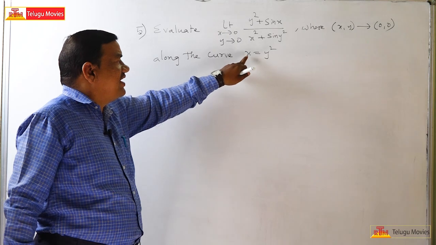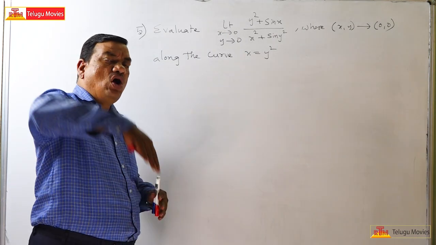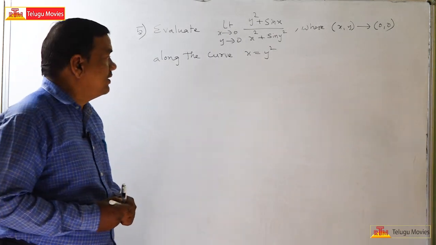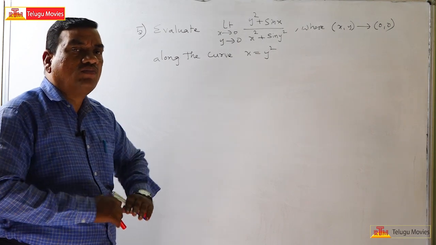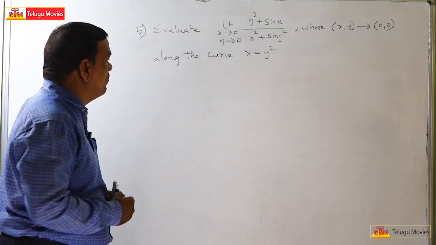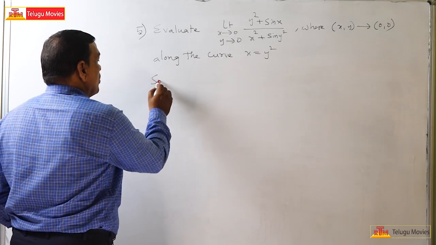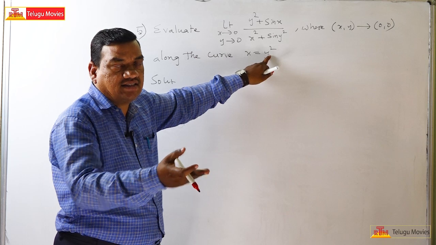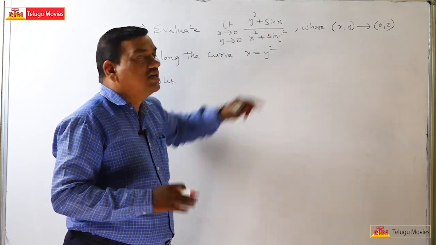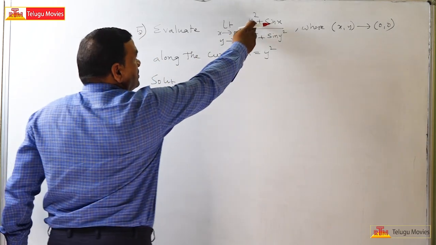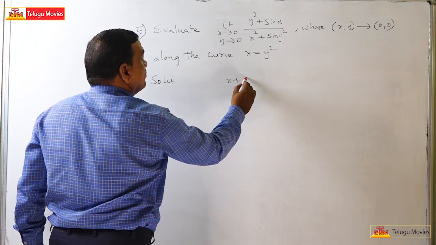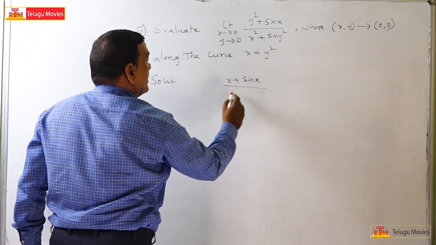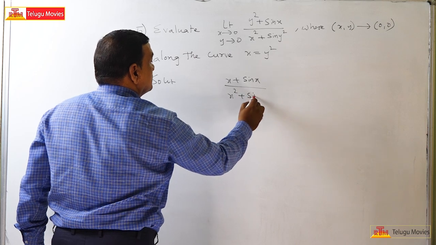But here one thing is very clear, x is equal to y square along the curve. So that means a very simple problem. Don't overthink this. The solution of this problem is wherever y square is there, substitute x. So this is equal to x plus sin x by x square plus sin x.